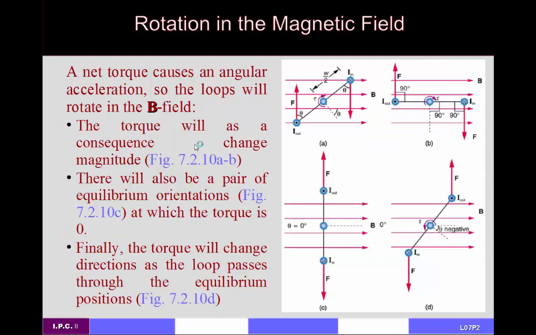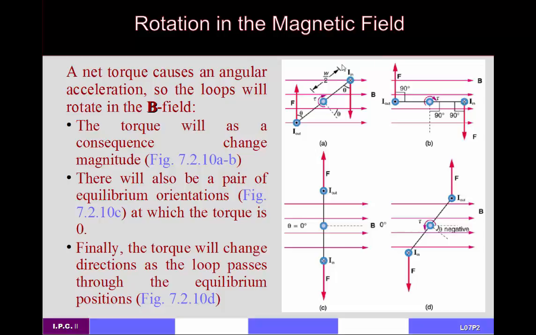This also implies that some of the arguments that we used in discussing the dipole moment are going to apply to this loop within the magnetic field. So the dipole within an electric field, the loop in a magnetic field, many of the arguments end up being very similar.